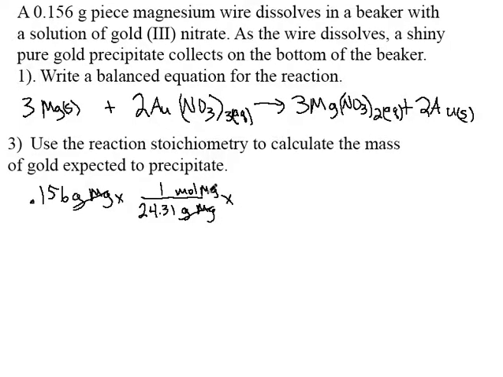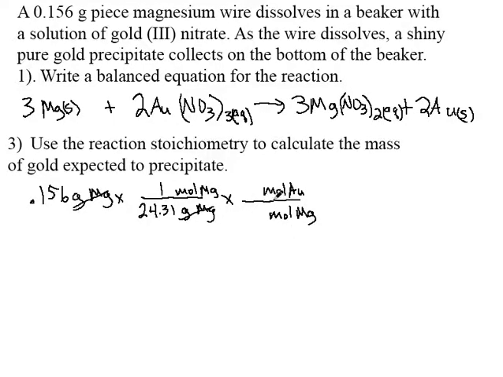We then can convert from moles of magnesium into moles of gold. Remember, we have to be in moles if we want to compare an amount of reactant to an amount of product. So what we want is moles of gold, and what we have is moles of magnesium.